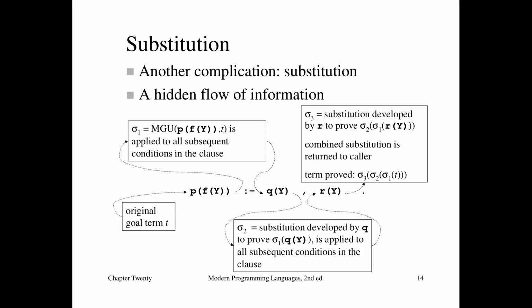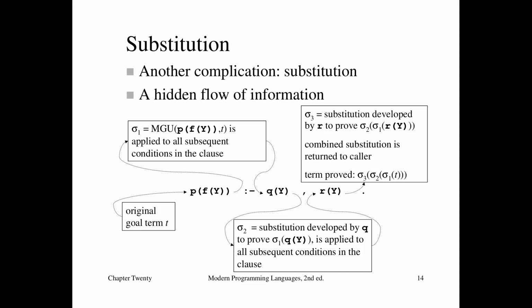When we start out, we have some call that we want to make, P with the value f of y. So we're finding the MGU of P of f of y and T, which is then applied to all subsequent conditions in the clause.